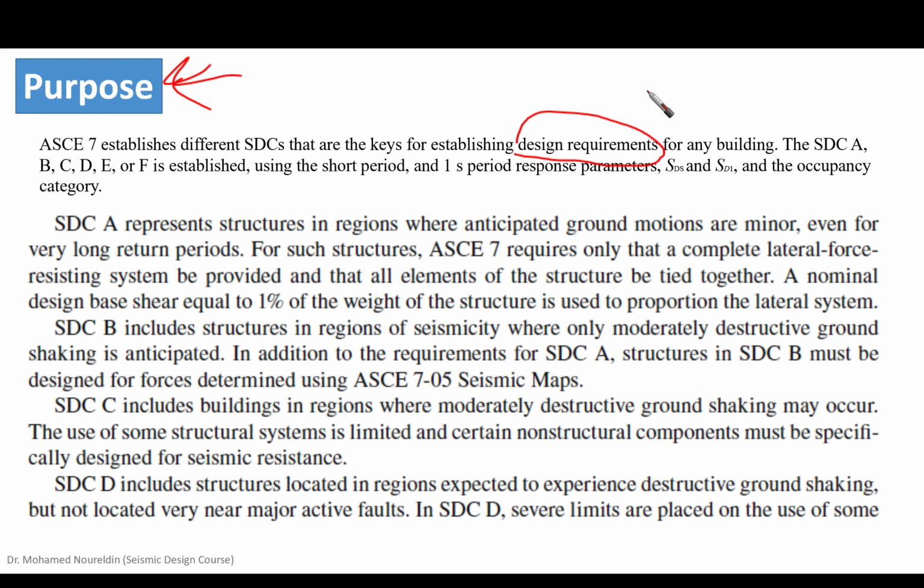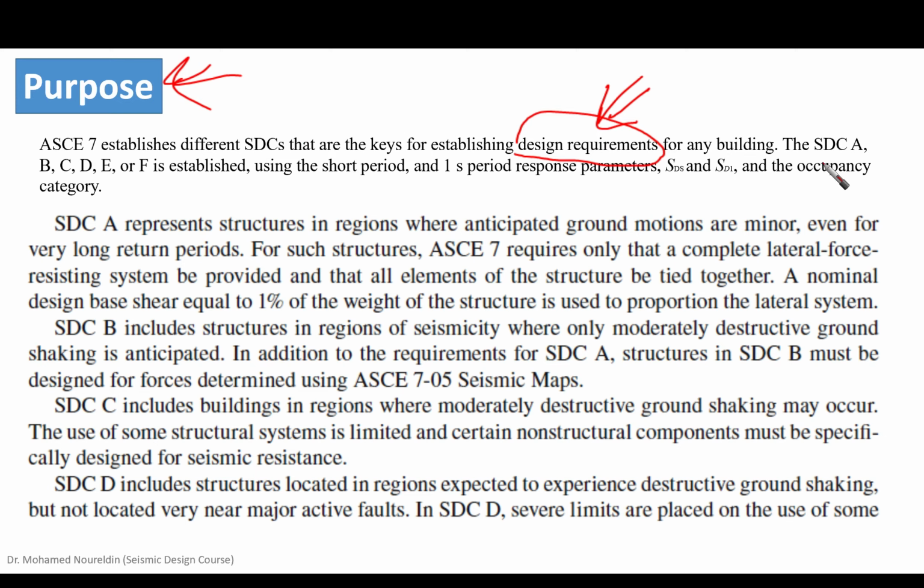It is going to tell us the limitation on the height of the building, the type of detailing, the limitation on the drift, the thresholds for certain parameters, and the type of analysis that we should use. So it is very important.